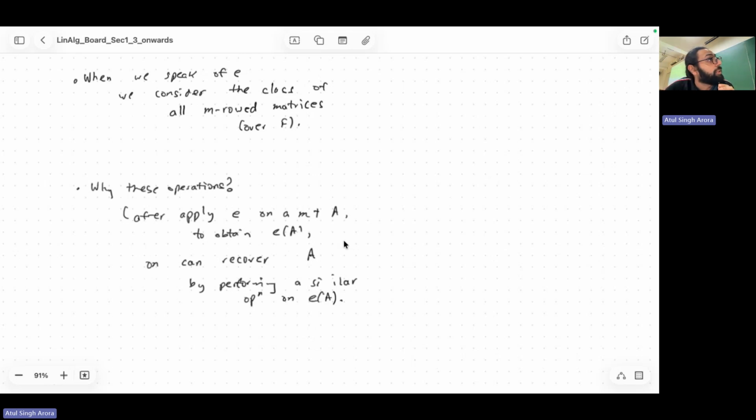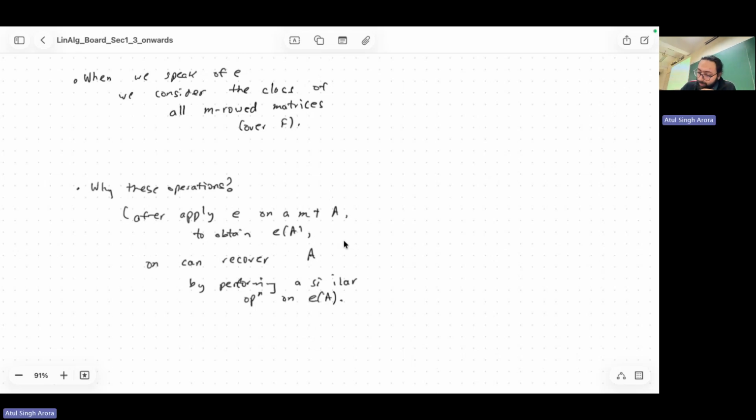The class of M-row matrices over F. Oh, the M is missing. Yeah, the number of columns here. Right, you can just say columns. Okay, all right. So let's continue.